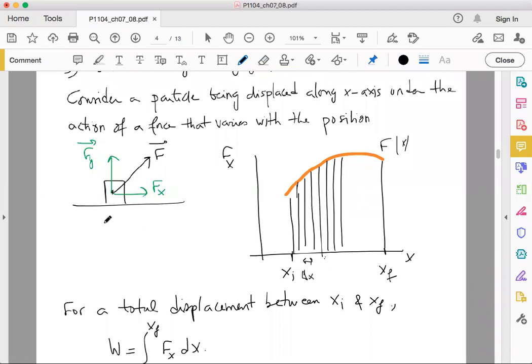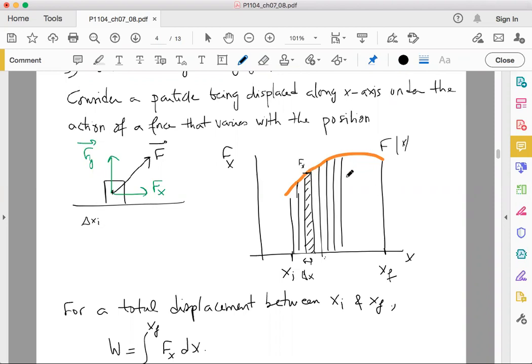So if we just have a look at a given interval delta xi, what do we have in this delta xi? Let's take this one. Here the value of F could be taken as the average value in this interval.